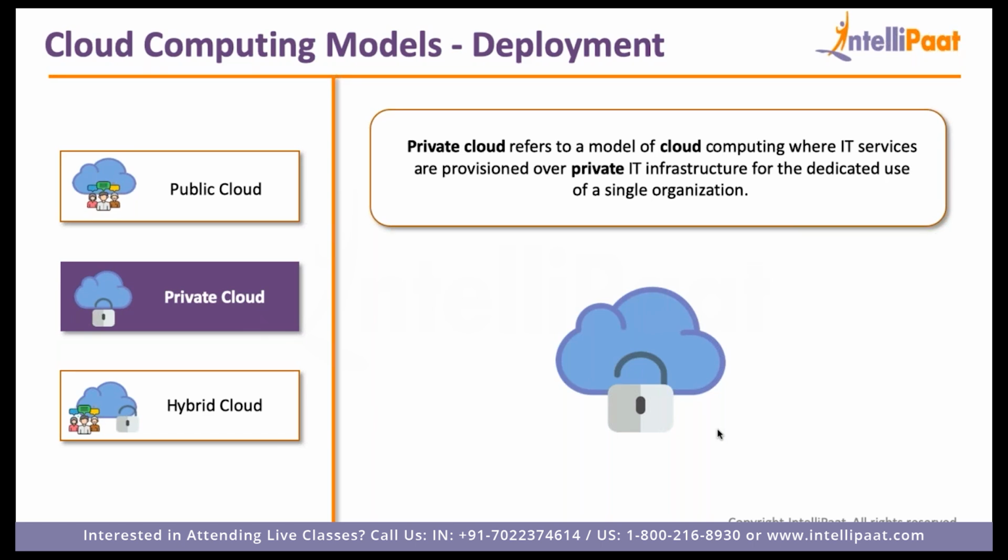And when you rent servers, but you get in a deal with the company and tell them that nobody else can actually share this hardware with me, that is also called private cloud. Okay, so public cloud is when the virtual machine that you have deployed, that hardware can be shared by anyone else. That is public cloud.